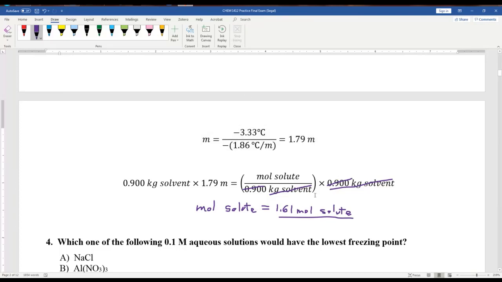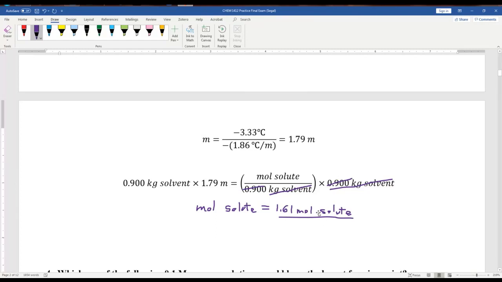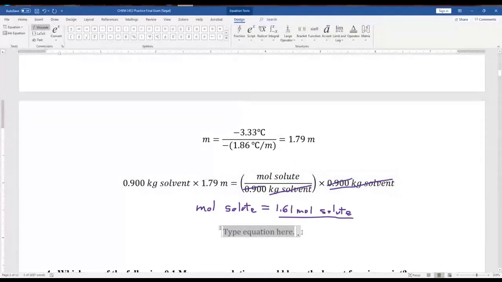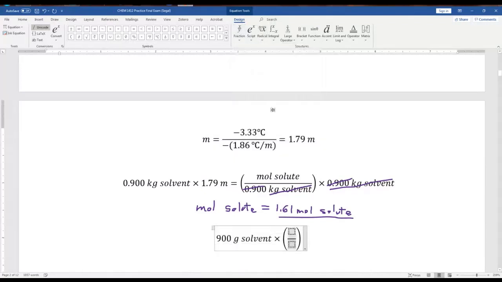Just as a side note, in case you like to use conversion factors like I do, you could use the molality as a conversion factor because molality means moles of solute per kilograms of solvent. I could start with my grams of solvent, which is 900 grams, and convert that to kilograms, since 1,000 grams is 1 kilogram.